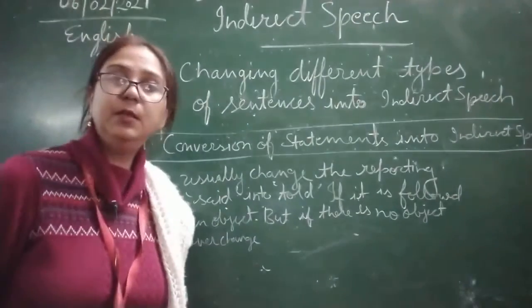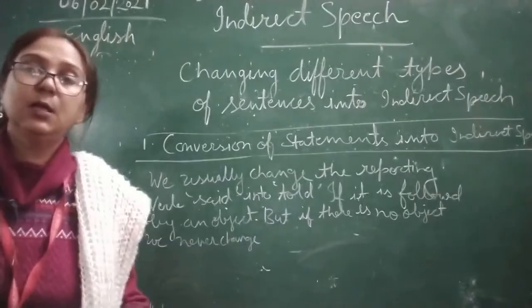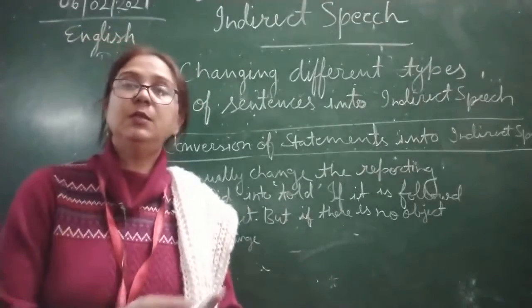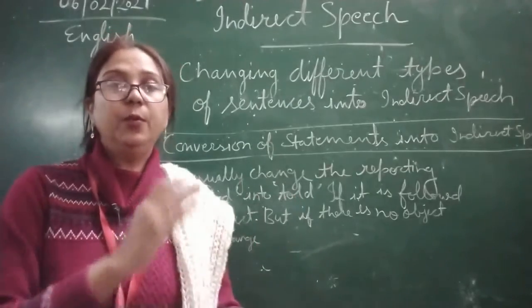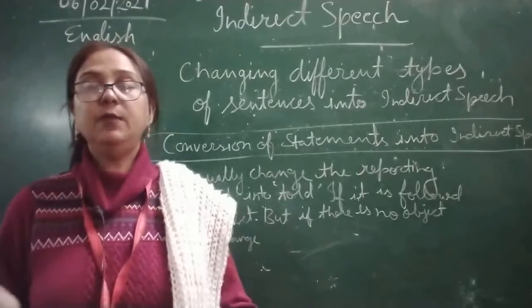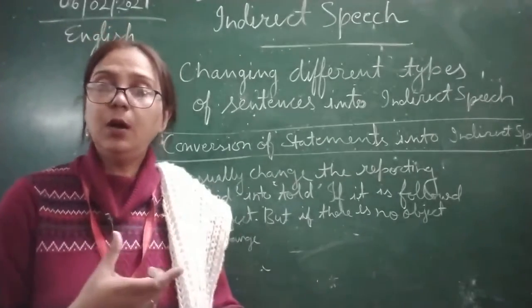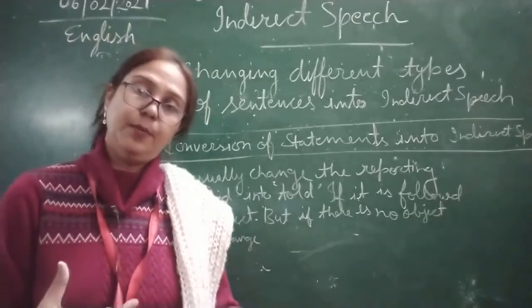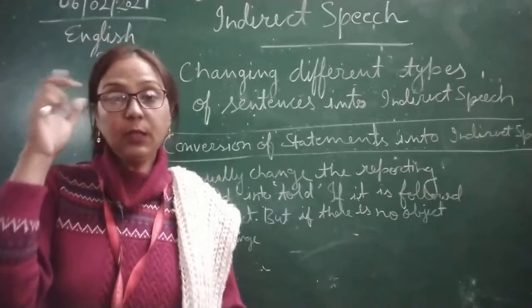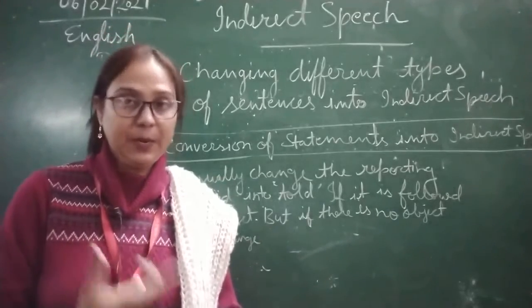As we have discussed what the reporting verb is, I am going to revise this because a few children are not able to understand what the reporting verb and reported speech are. The reporting verb is the part of the sentence before the inverted commas or commas, and whatever we write inside the inverted commas is called reported speech.